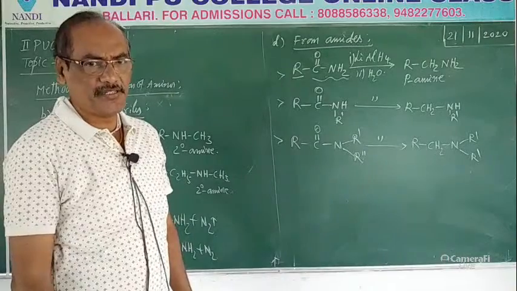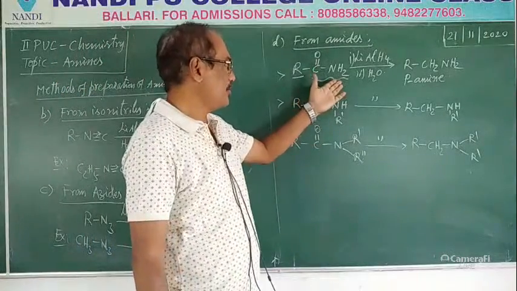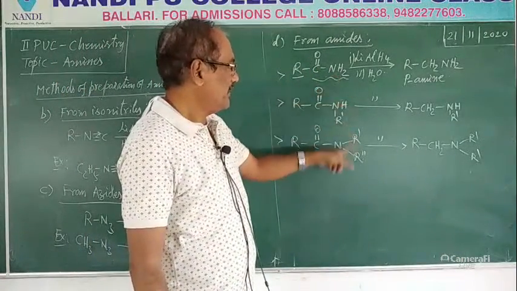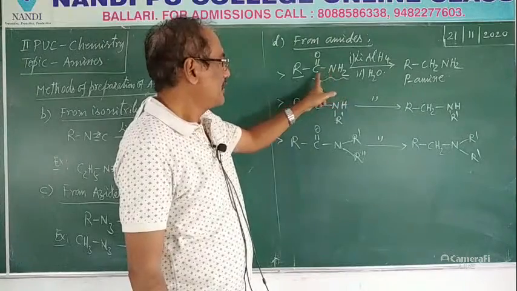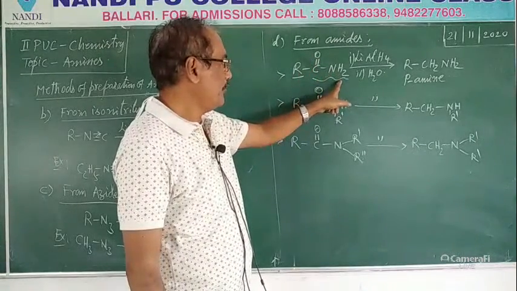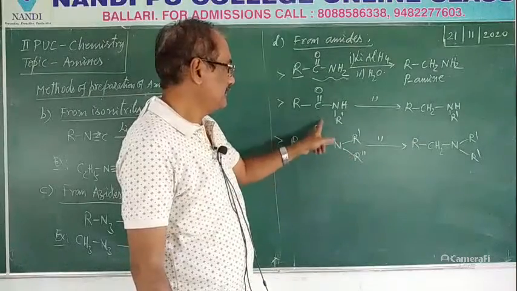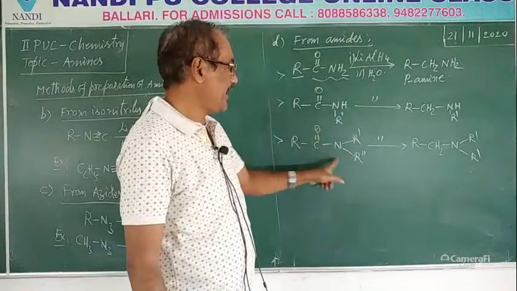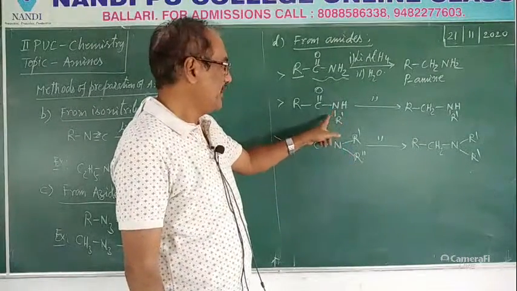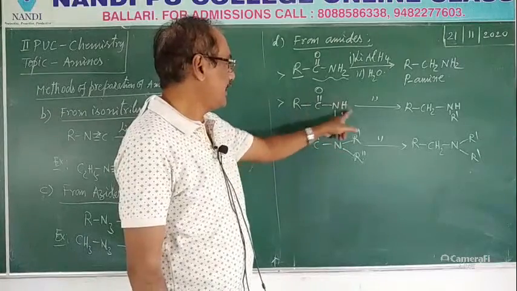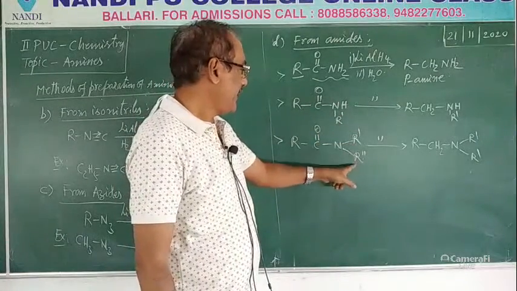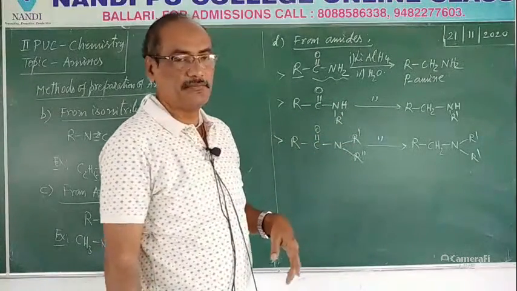It's a very simple reaction. Just remember one point: CONH2 is the amide group. This is an alkyl substituted amide, and dialkyl amides. That means N-alkyl alkanamide, N,N-dialkyl alkanamides.